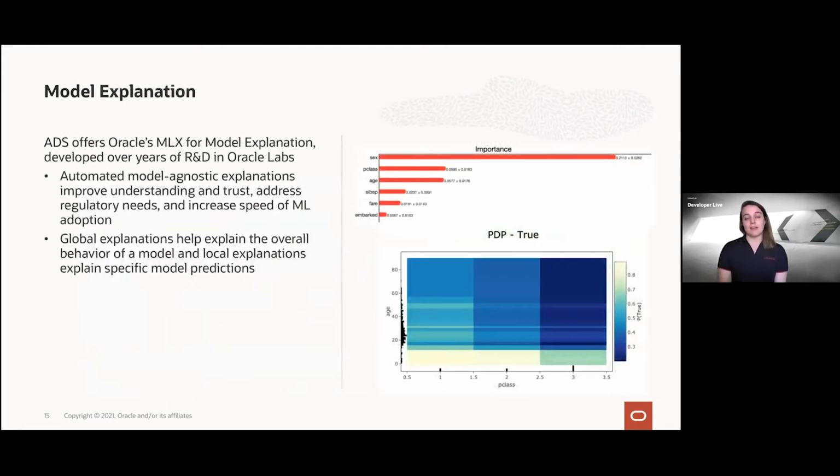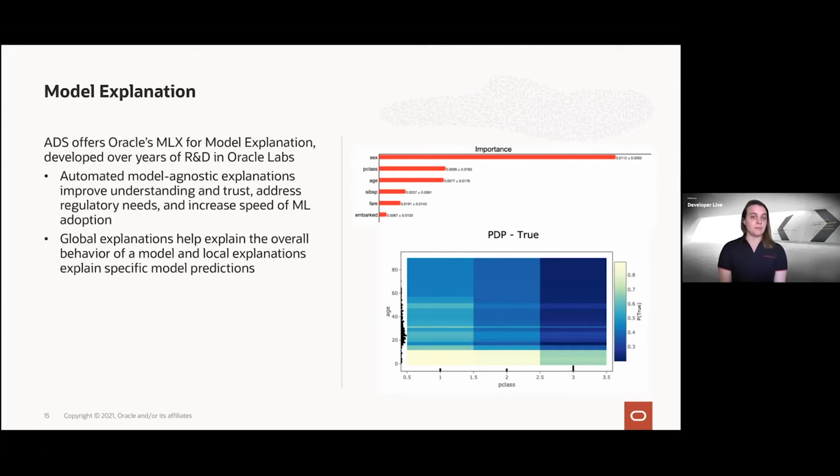Now that you have validated the accuracy and performance of your model, you may like to actually use some explanation techniques to determine why the model is behaving as it is. So again, in collaboration with Oracle Labs, our team has developed our own framework called MLX, which is embedded within the Accelerated Data Science Toolkit, which will help you with model explanation and interpretation.